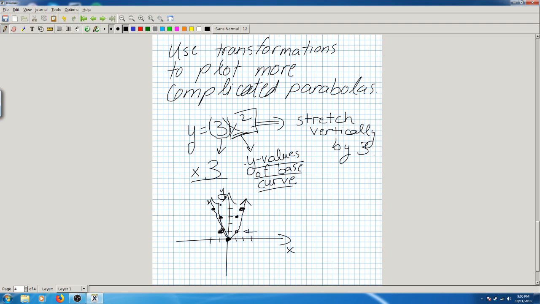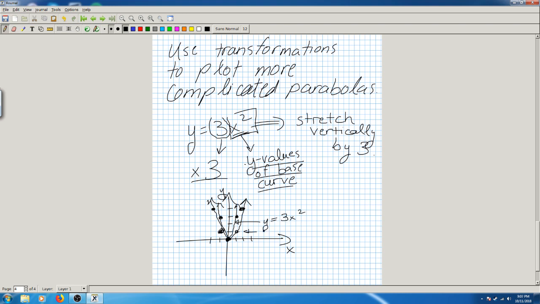Now I get a new curve that is actually thinner than my last curve. It's as if I've taken these handles and moved them up a little bit, and it causes it to be thinner. So that guy's y equals 3x squared.